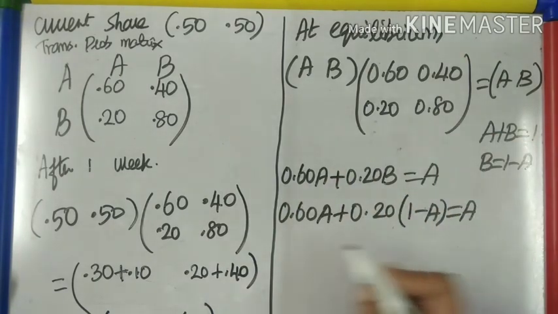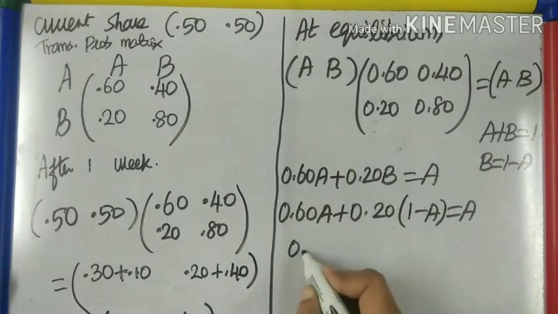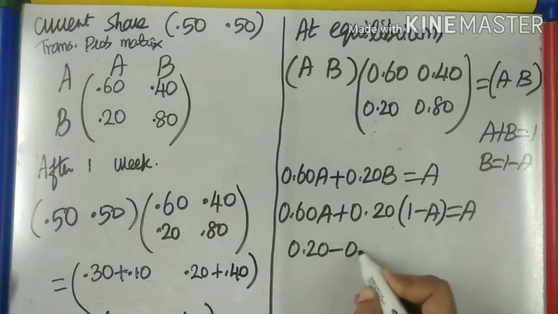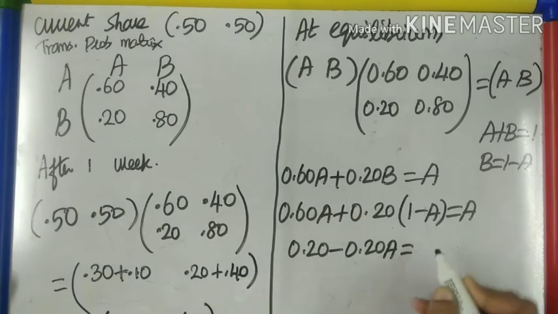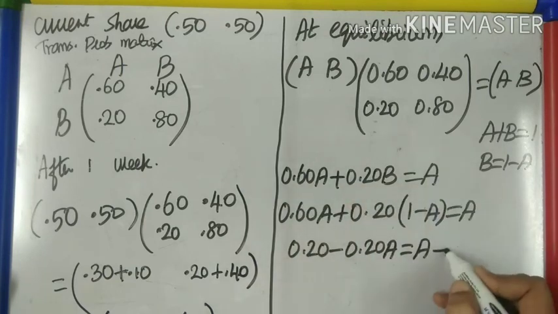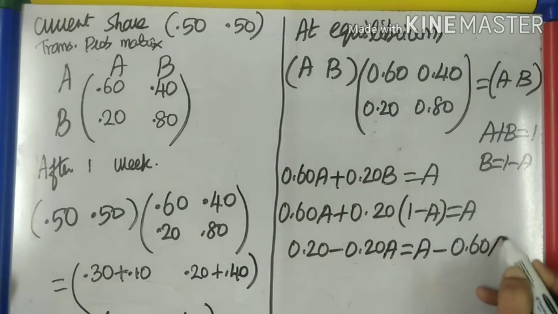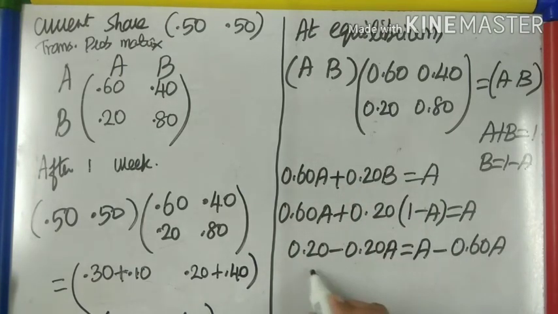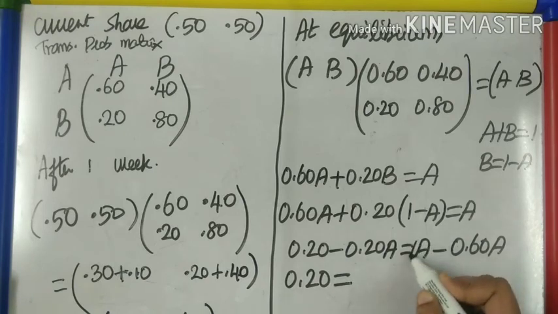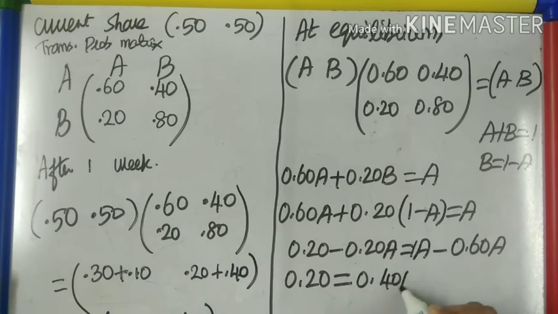Bring 0.60A this side. This I can multiply. 0.20, 0.20A. A minus 0.60A. This is minus 0.20 will go to the other side. So 0.20 is equal to, no number means 1. 1 minus 0.60 is 0.40.